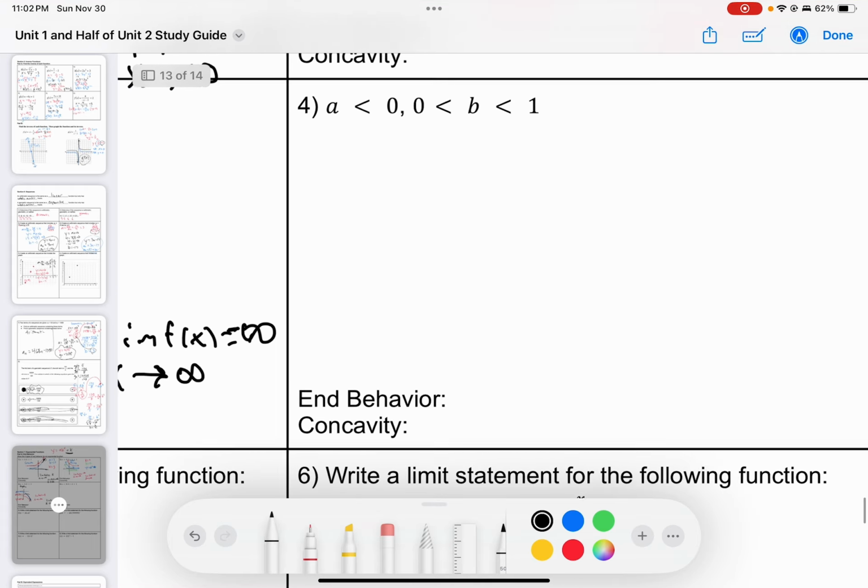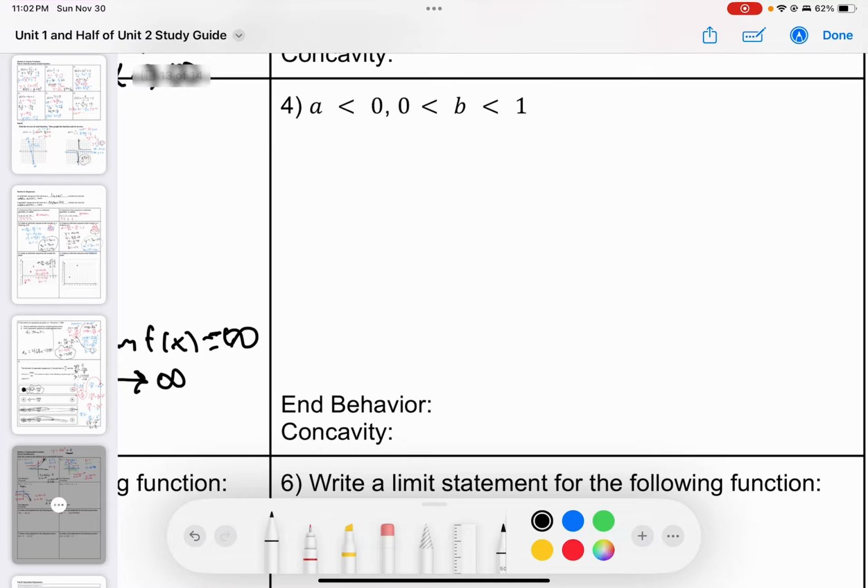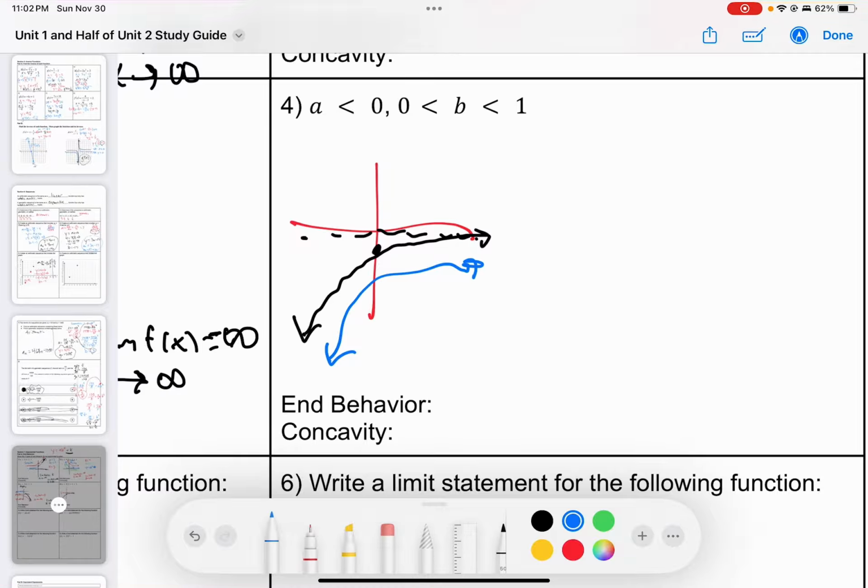All right. Over here, a is less than 0 and b is a decimal. So again, a is in the negatives. So we're here, but this time we're getting closer and closer to 0. And again, unless this was k, that could shift it up or down.